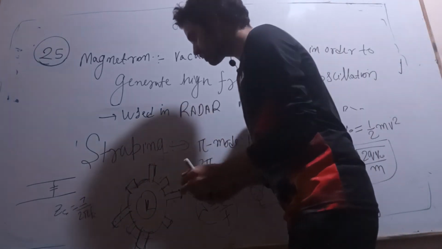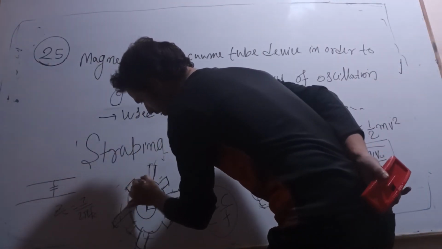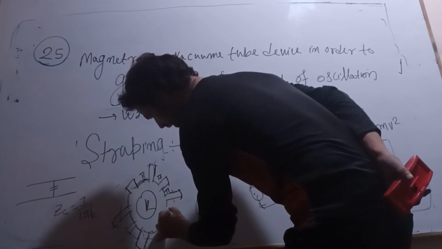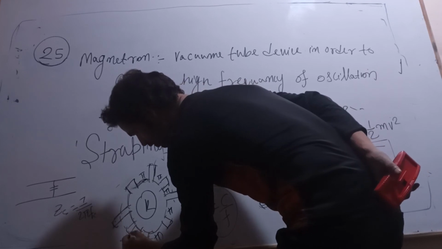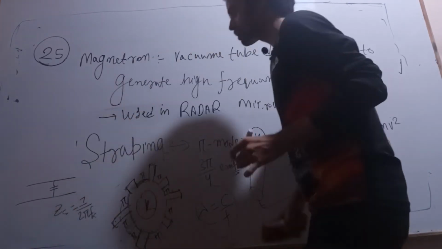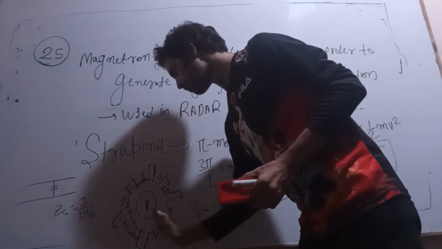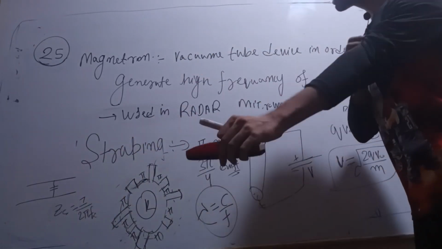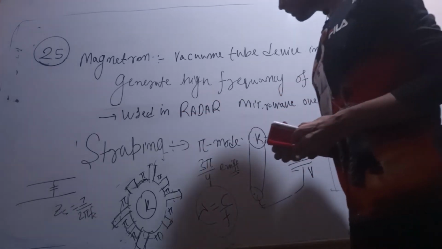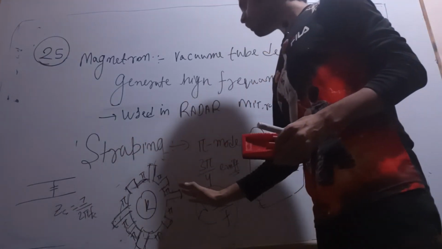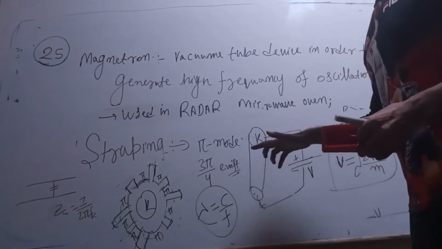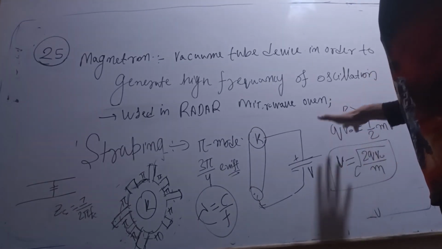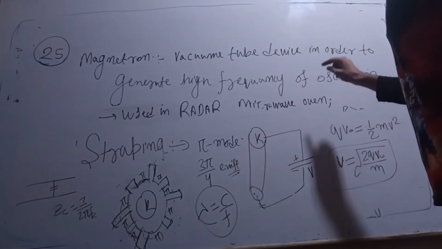Therefore, automatically we are able to maintain the pi mode without using strapping. This is the advantage of this rising sun cavity, which we use in a magnetron at high frequency.